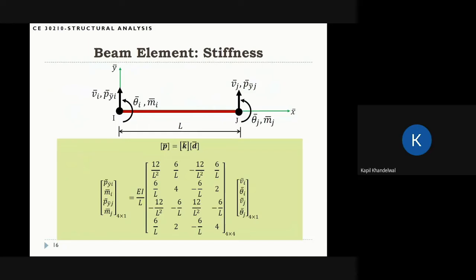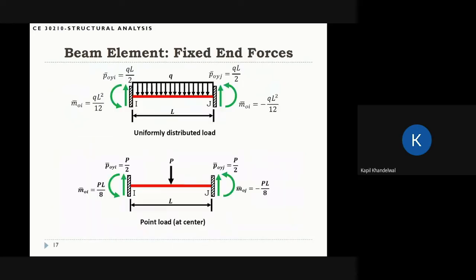We have done a lot of problems in which there were no axial forces acting on a beam, only flexural effects. So whenever there are only flexural effects, we can just use a 4x4 stiffness matrix for that beam element. In this case, for the beam element, we have considered many different kinds of loading that come from the member forces.